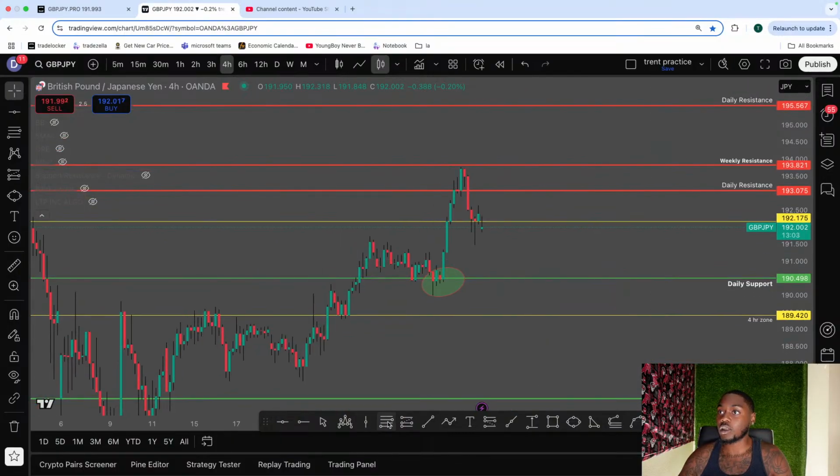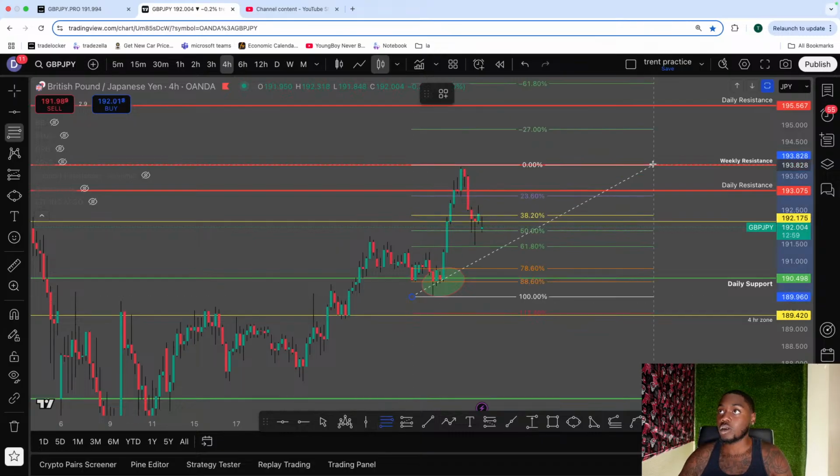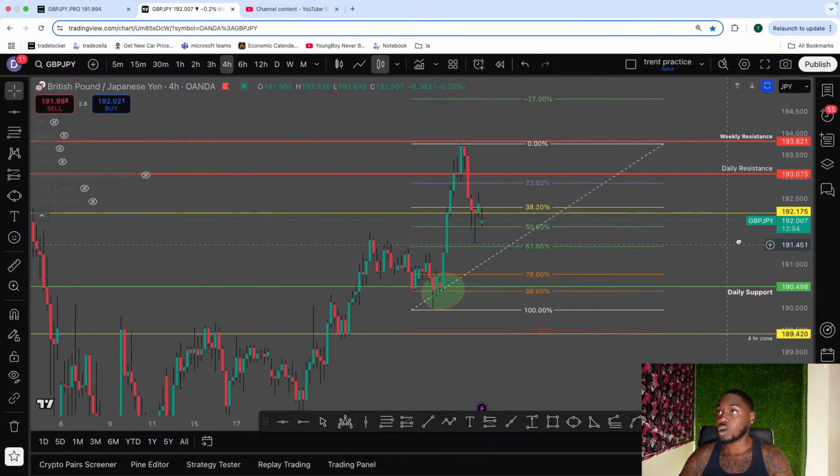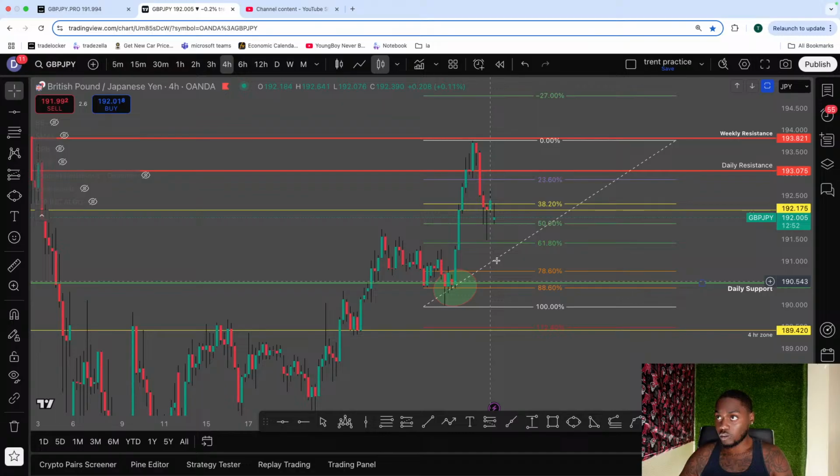So let's put the 61 fib level. And also a bank level here. And so the 61 fib is actually here. I just need to be aware there is a bank level. So let's do, yeah. So it looks like the fib lines up perfectly here. Let's delete these bank levels and finish plotting our fibs.